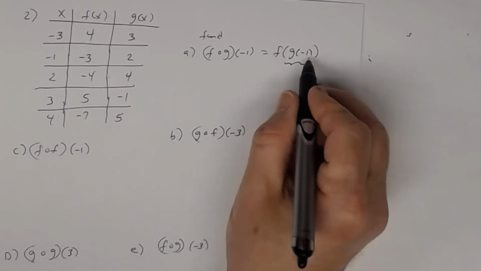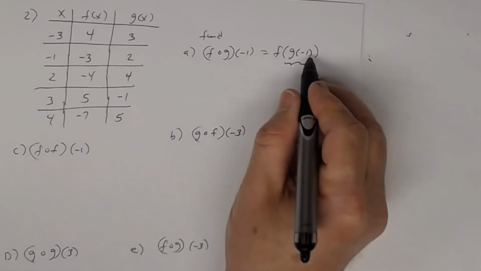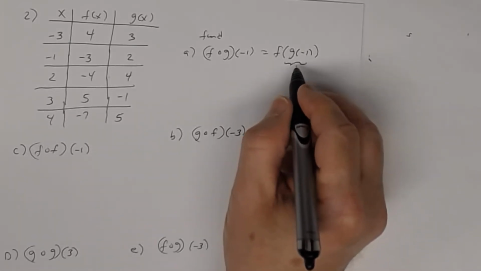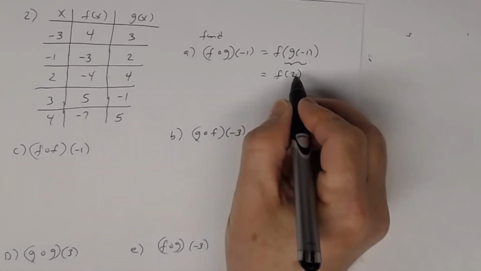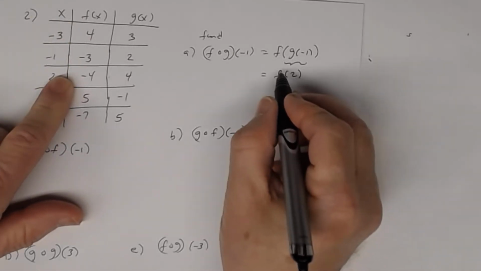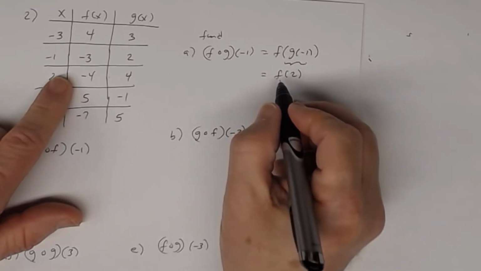So I'm going to replace g of negative 1 with the value 2, so this becomes f of 2. Now we do the same thing. In our table, when x is 2, what's my y value for my function f?